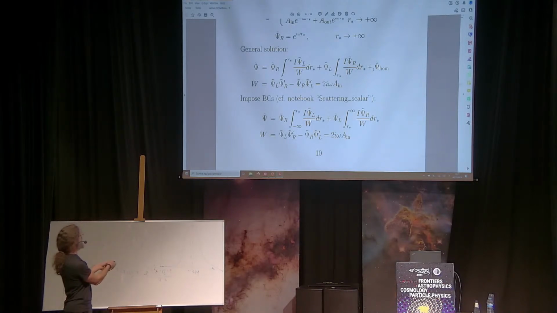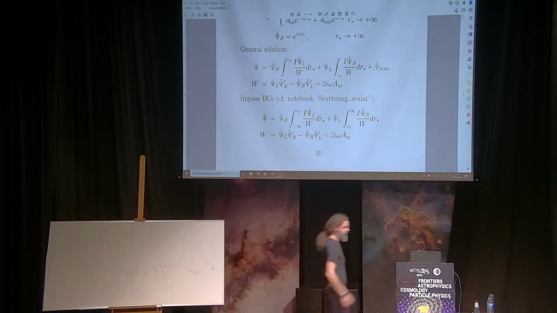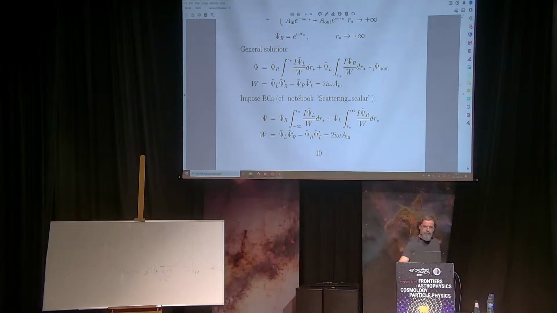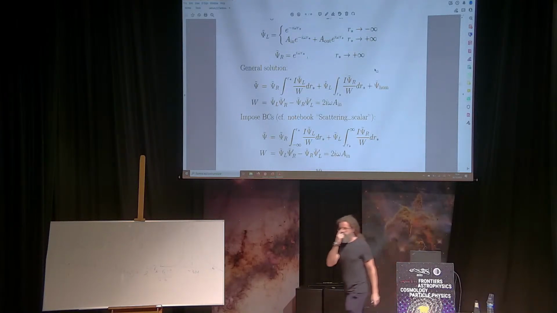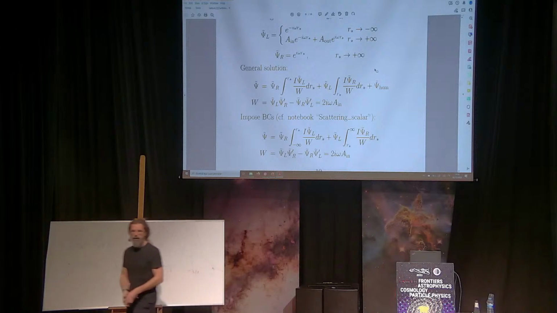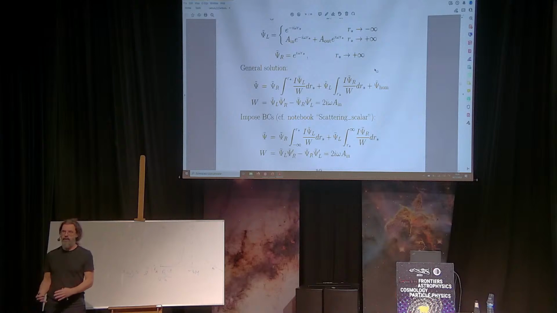This is the key piece. The Wronskian is evaluated here. It's really just 2I omega times A in. Let me show you what A in is. Okay? A in is the ingoing piece of the solution that behaves well at the horizon.